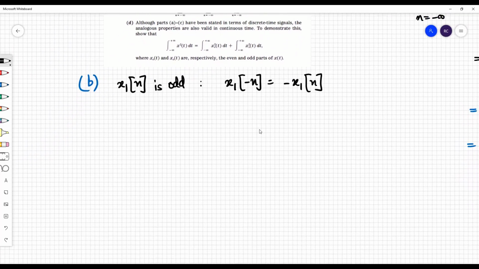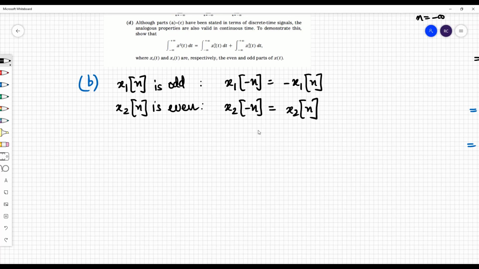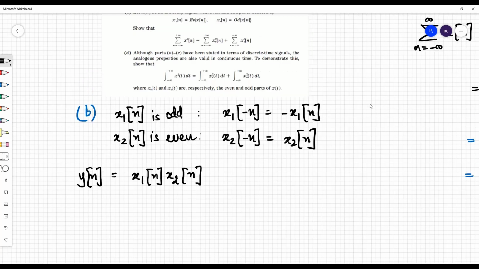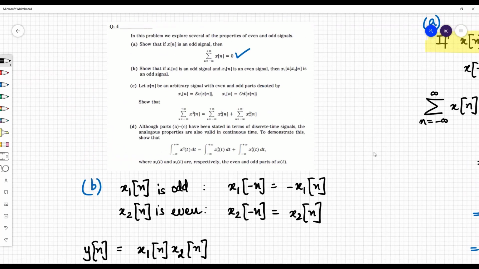Okay, and x2 is even, that means x2[-n] is equal to x2[n]. We need to show that if there was a signal, say y[n], which is a product of x1 and x2, this signal is odd, right? That is what the question requires us to prove.